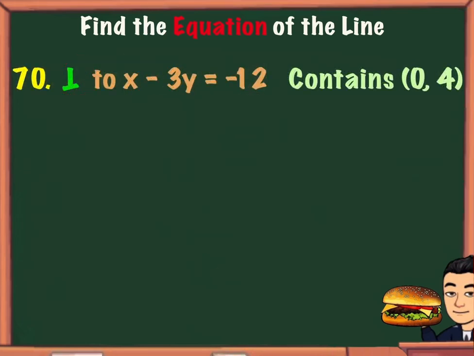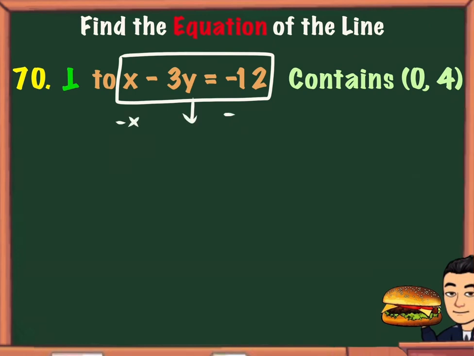For number 70, in order to find the slope of this equation, we're going to have to write it in slope-intercept form. I'm going to subtract x on both sides. I get negative 3y equals negative x minus 12. Then I'm going to divide by negative 3 on all three terms.